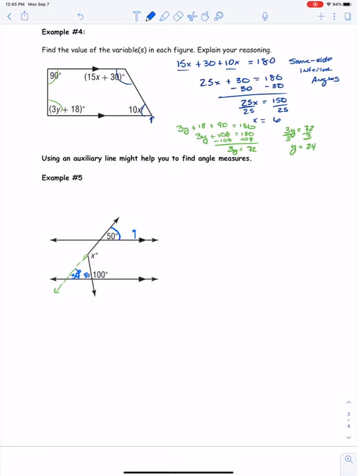Now you can see that we have a triangle here. And if you pull prior knowledge again, all triangles have to be 180 degrees when you add up their three angles. We have 80 degrees already. We have 50 degrees here, which gives me 130. So we know this third angle must be 50 degrees.